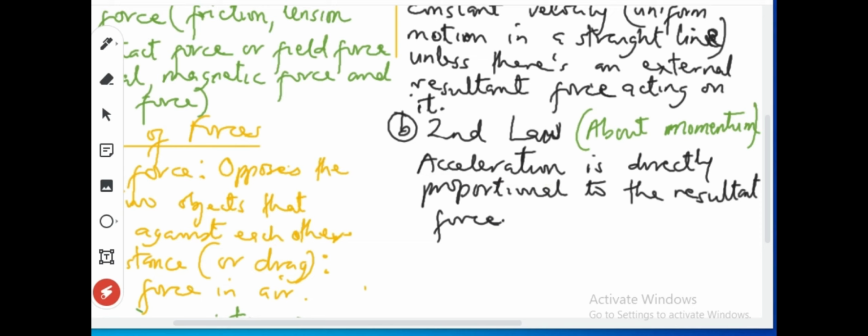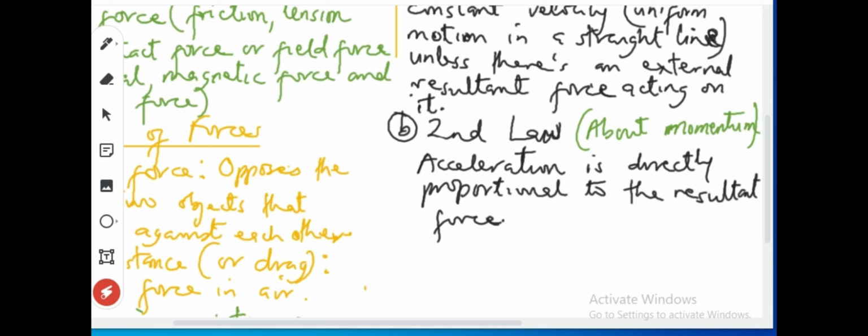Okay. As the resultant force changes, the acceleration changes. Is that all? Same way. Okay, what you're saying is as the resultant force changes, acceleration changes at the same rate. In other words, as the resultant force increases, acceleration also increases at the same rate.